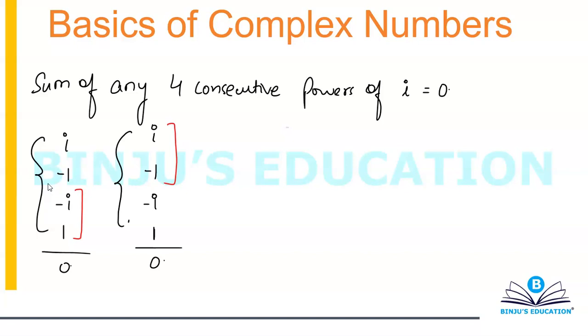Iota cube is equal to iota to the power 7, then 11, and so on. There's a cyclicity of 4. So for any four consecutive powers, the sum will always be equal to 0.